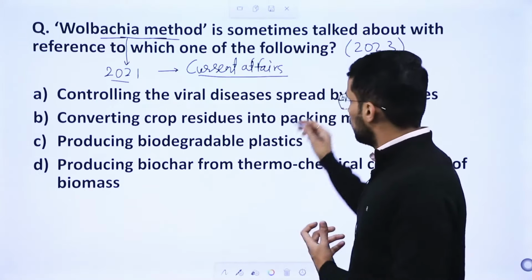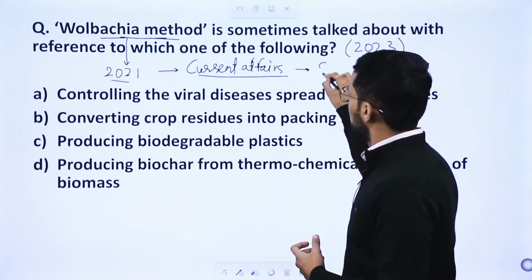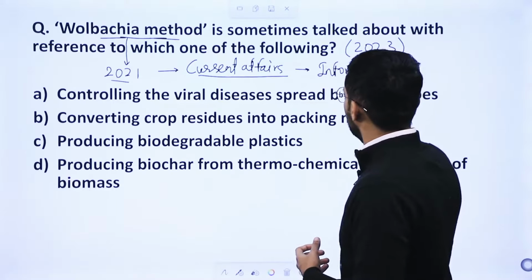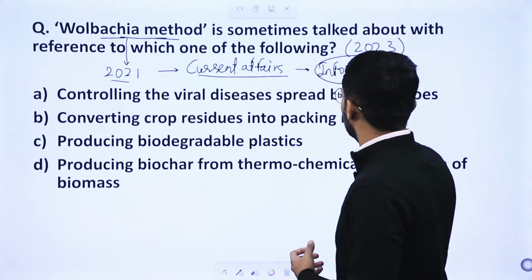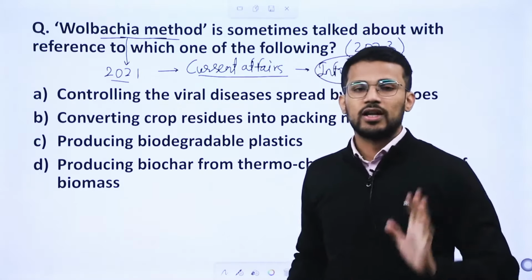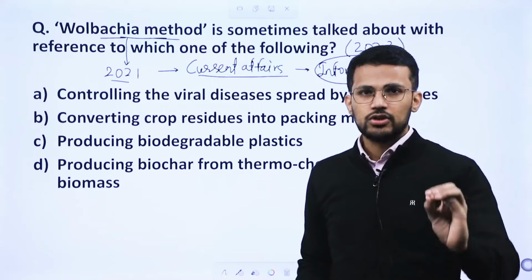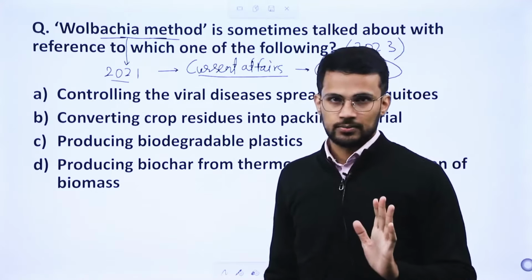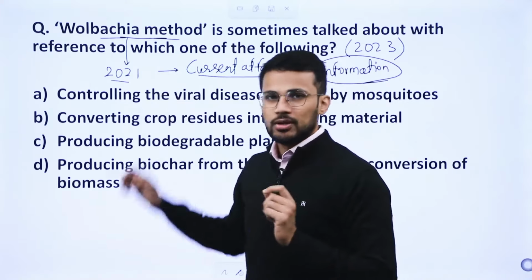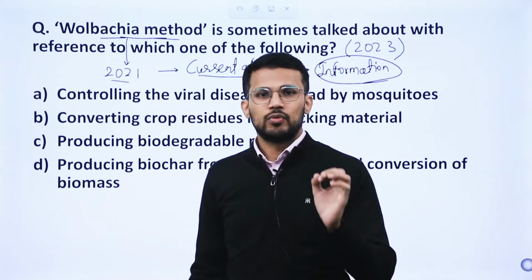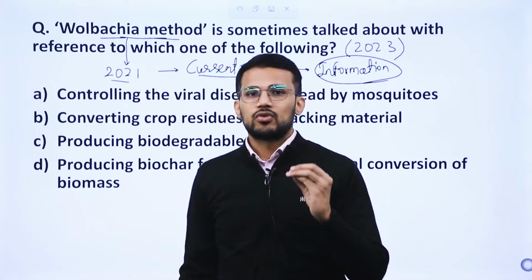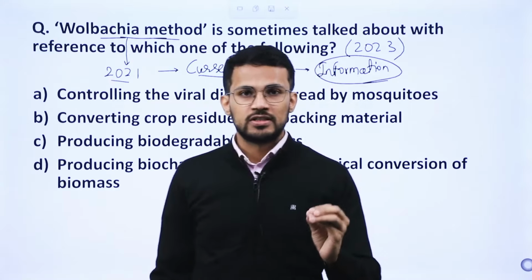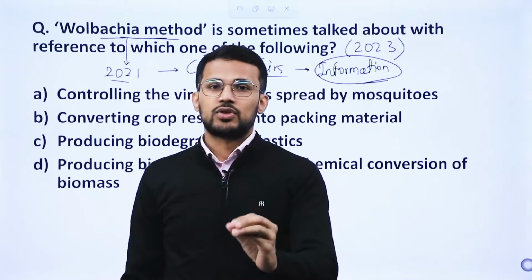And to be more precise, this current affairs is information based, because if you see the nature or the type of question that has been asked, it is a one-liner question. If you know it, you know it. If you do not know it, it would be very difficult for you to solve it, right? So the Wolbachia method is a method wherein we are trying to make sure that the spread of vector-borne diseases, mosquito-borne diseases, is restricted.